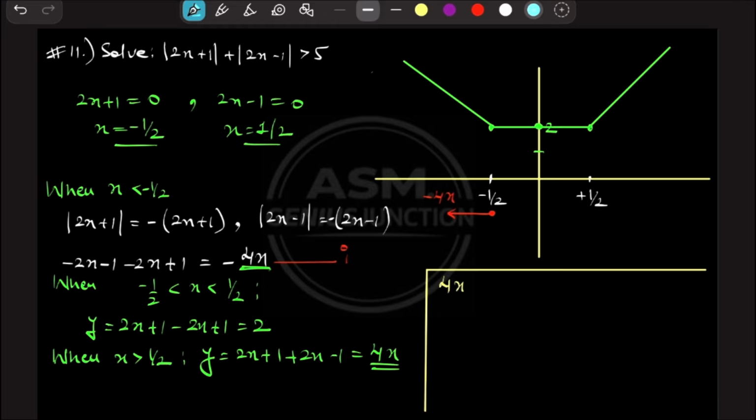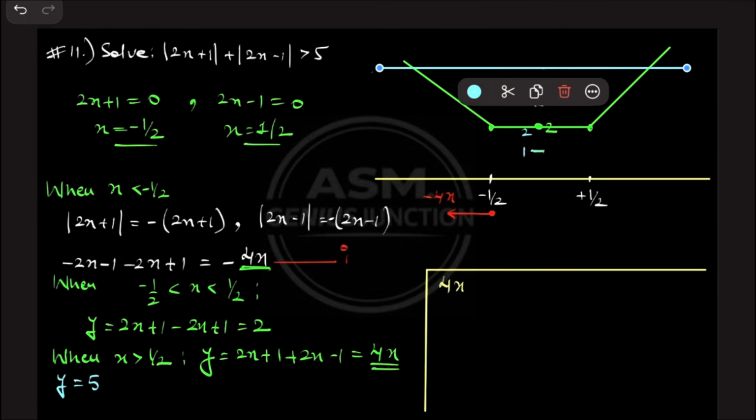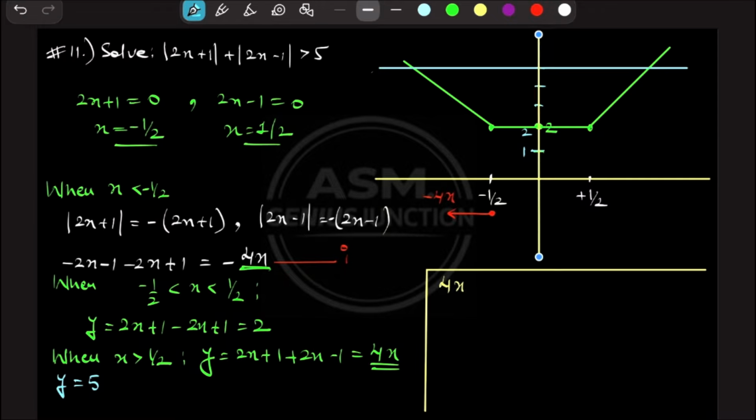Yes, so now we are going to solve the right hand side part, that is y equals 5. And if I plot the graph of y equals 5, this is 0, this is 1, this is 2, this is 3, 4, and let's say this is 5. So I can draw a line like this, and this line is representing y equals 5, right?